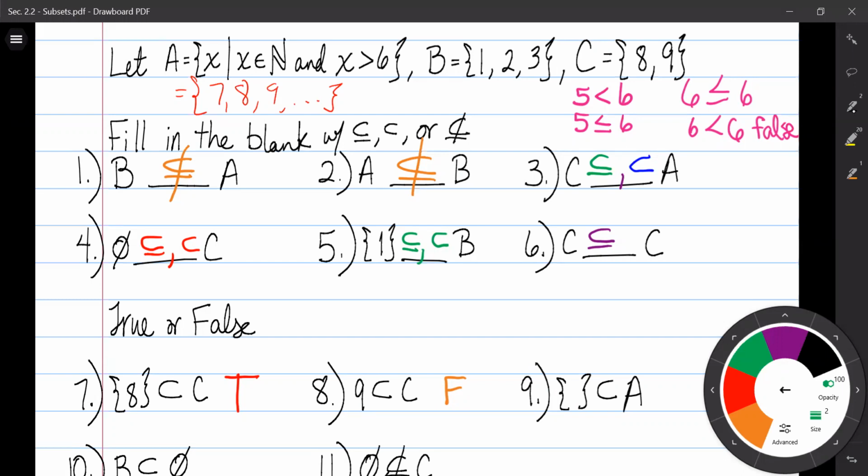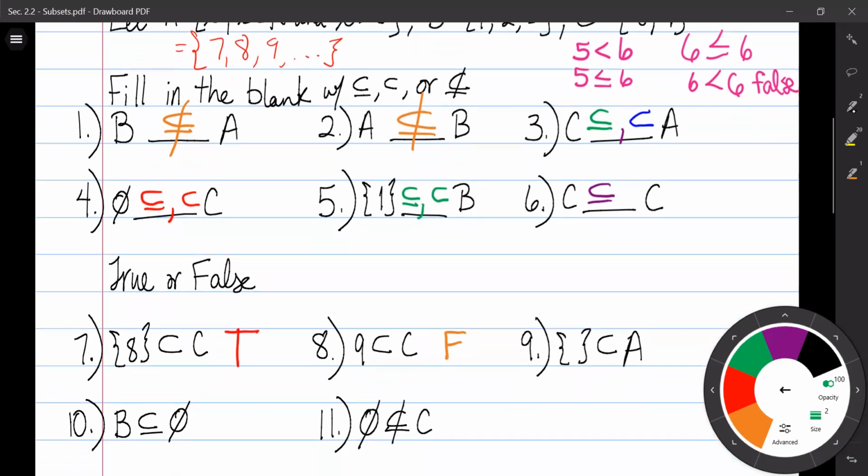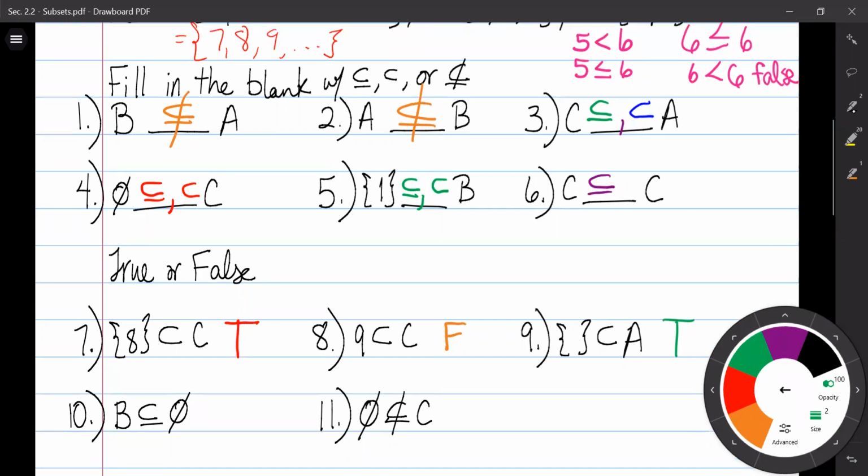And then number 9 is saying the empty set is a proper subset of A, and that's true, because the empty set is a subset of everything. And then number 10 says B is a subset of the empty set.